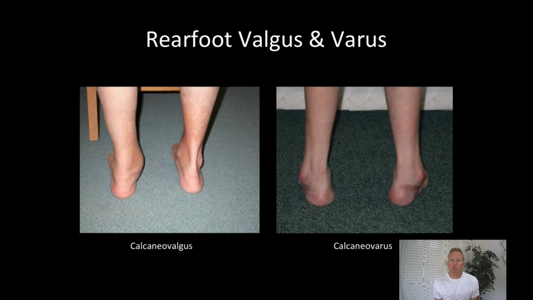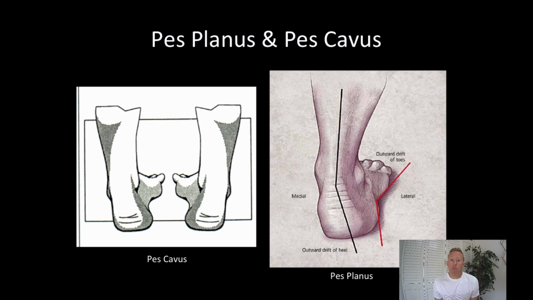Sometimes you hear of kids having really severe deformities like this where they actually have to dislocate the joints, maybe even fracture the bones and then reset it if it really interferes with function. Okay, and then here's how these things can contribute to, again, pes planus, which is overpronation, and pes cavus, which is oversupination.